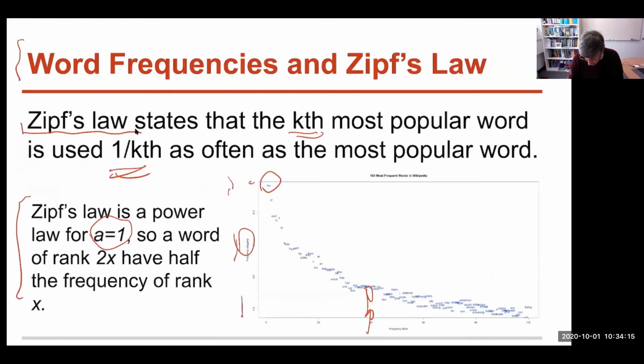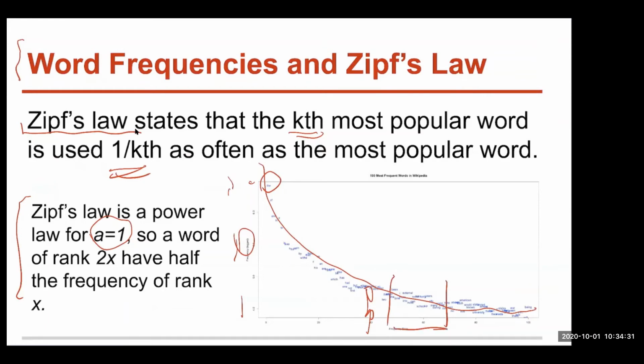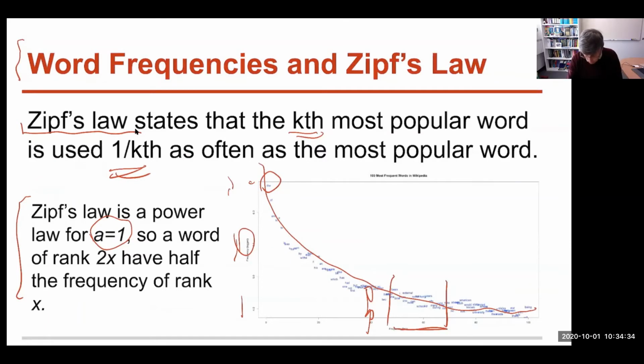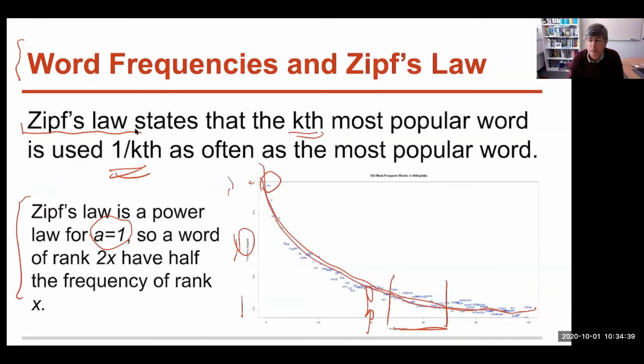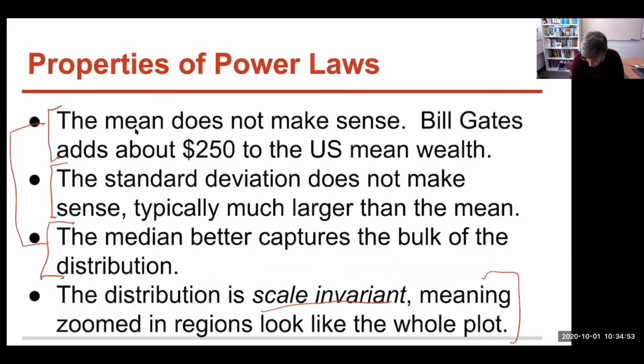Here we've got the distribution of frequency of words as a function of rank. If I zoom in on any given point and plot the words, what am I going to see? A curve that looks essentially the same, with the same shape. The power law distribution has the same shape wherever you look. That's what they mean when they say it's scale invariant.